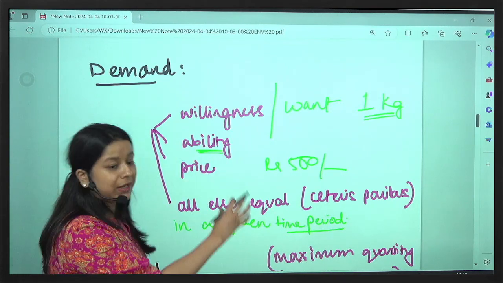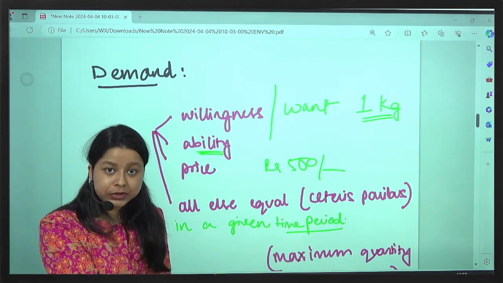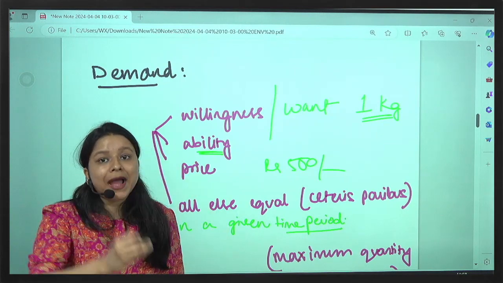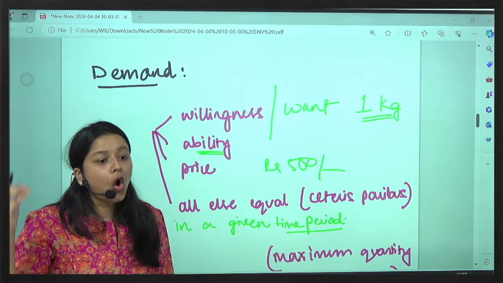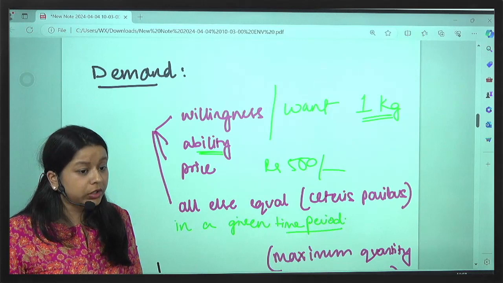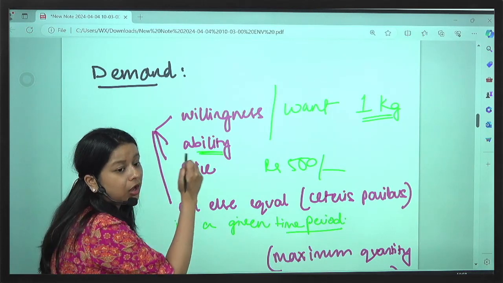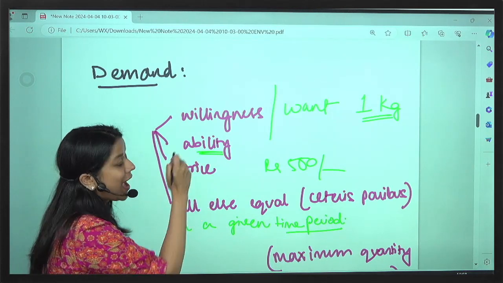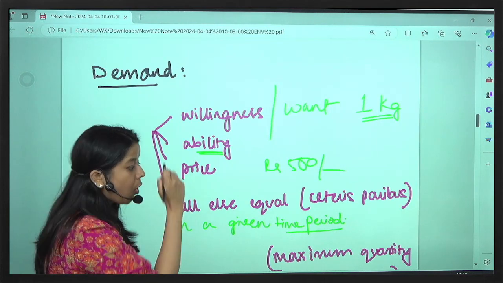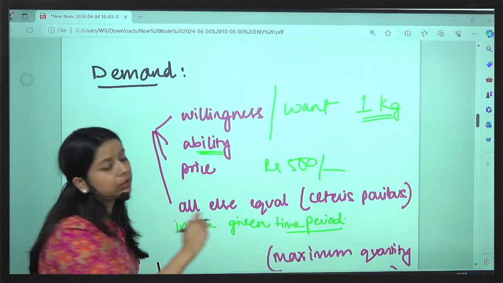So it is the willingness to buy a given quantity of a commodity or a good, and you should have the ability to buy it at a given price, all other things being equal, in a given time period.